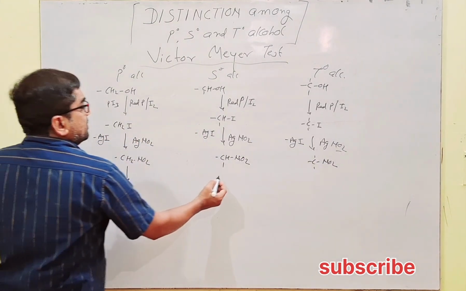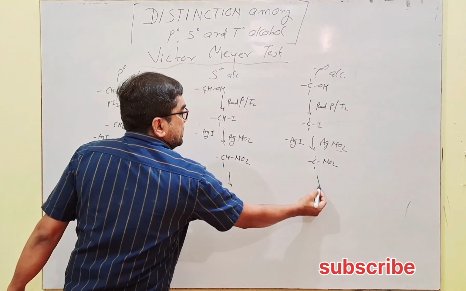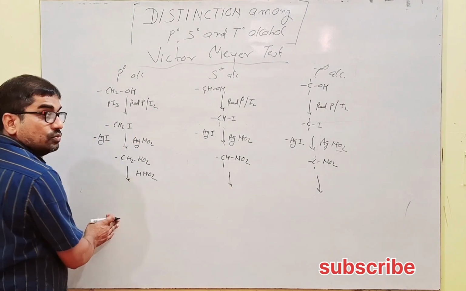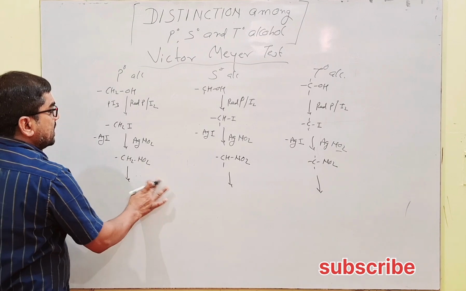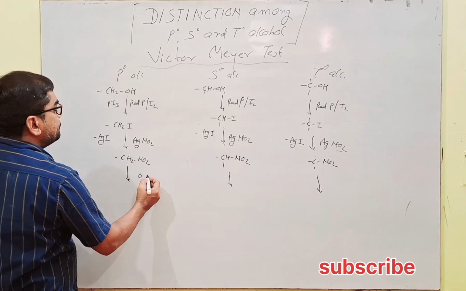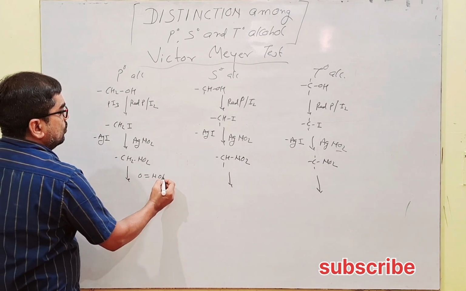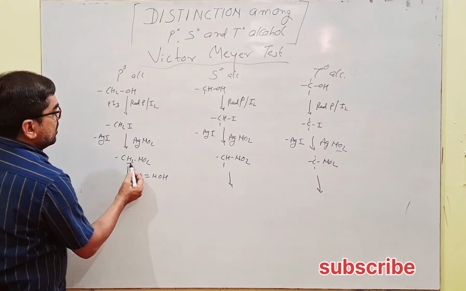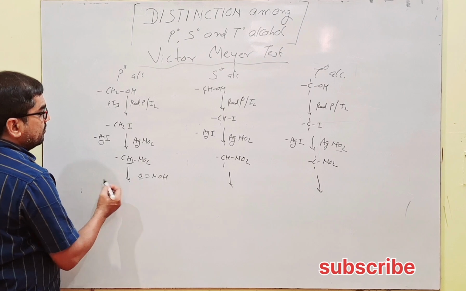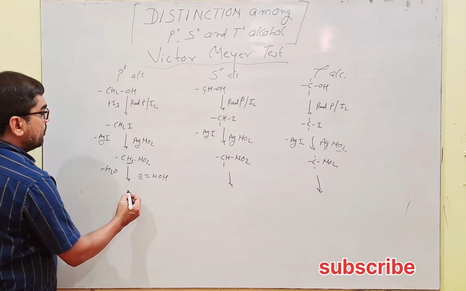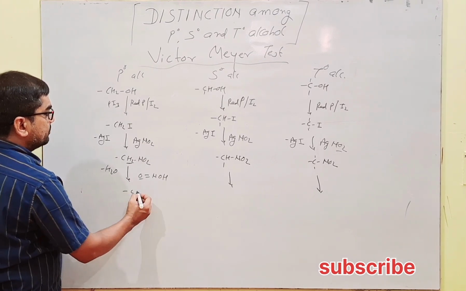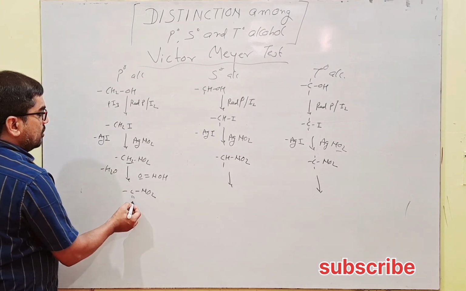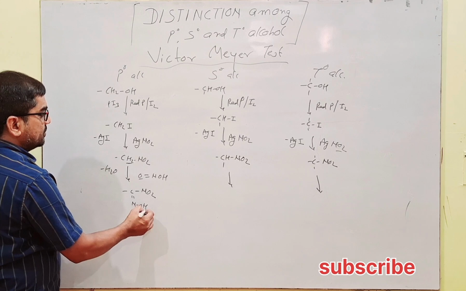Now after this, nitrous acid is added. What is nitrous acid? HNO2. HNO2 can be written like this, NOH. This is the structure of HNO2. Now here two hydrogens from primary and one oxygen, elimination of water and formation of C, single bond NO2 as such, and here double bond NOH.